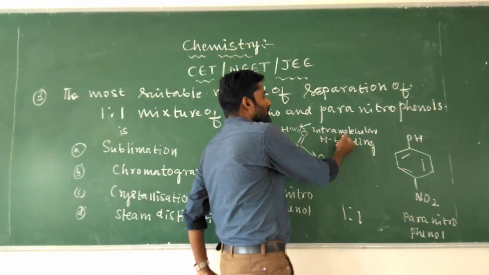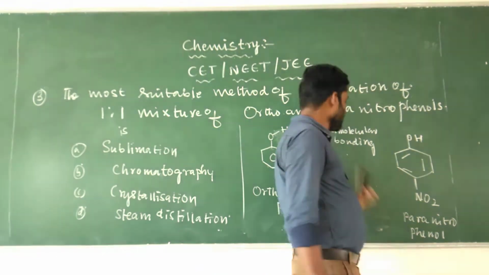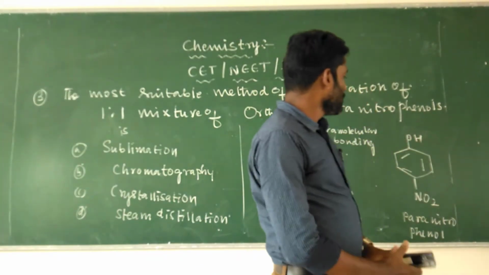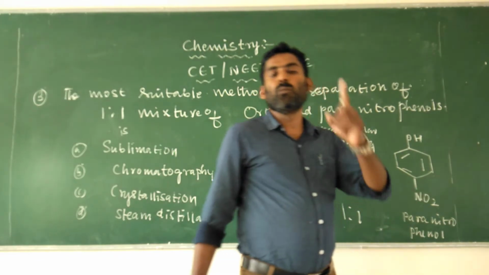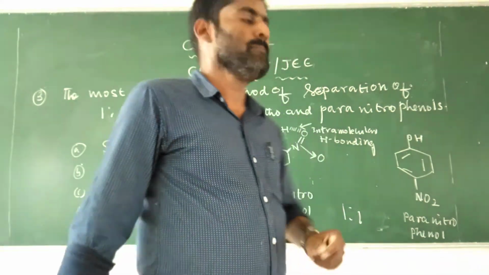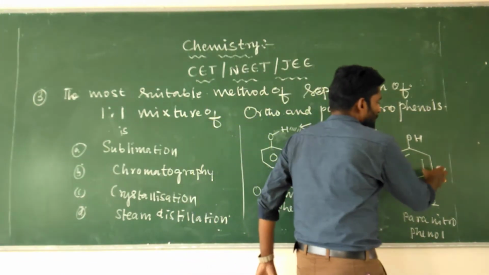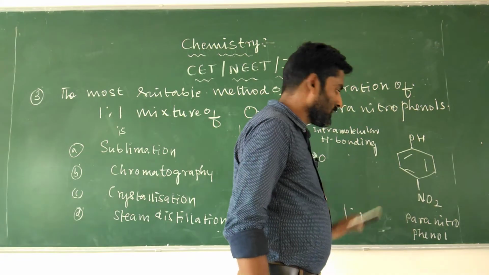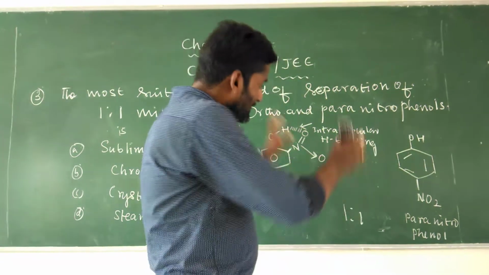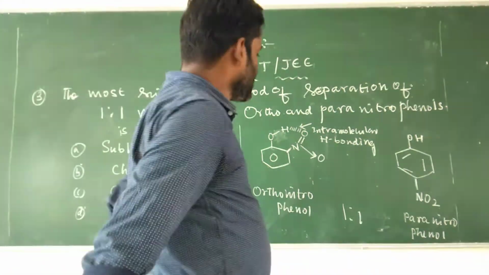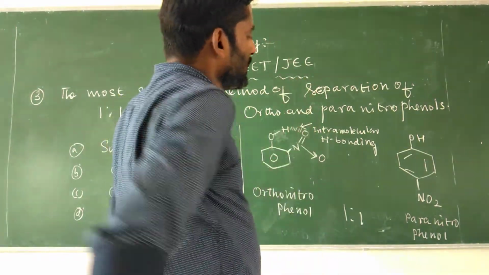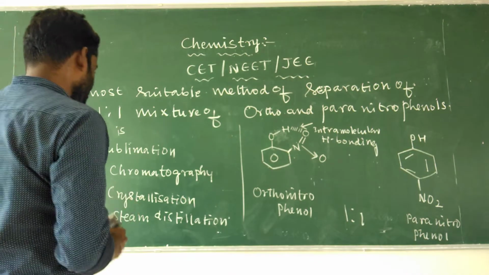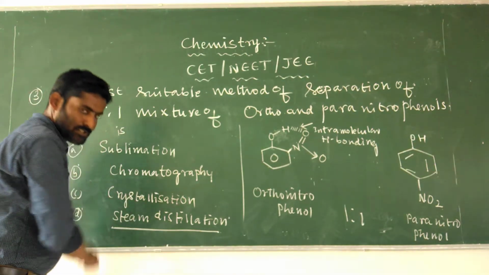So intramolecular hydrogen bonding exists in ortho-nitrophenol, but in para-nitrophenol the OH group and NO2 group are at the 1,4 position of the benzene ring, so no intramolecular hydrogen bonding is possible. Such liquids, ortho-nitrophenol and para-nitrophenol, can be separated by steam distillation.